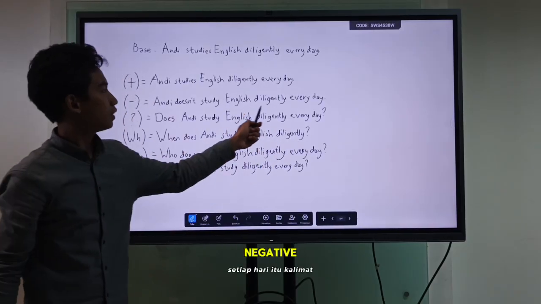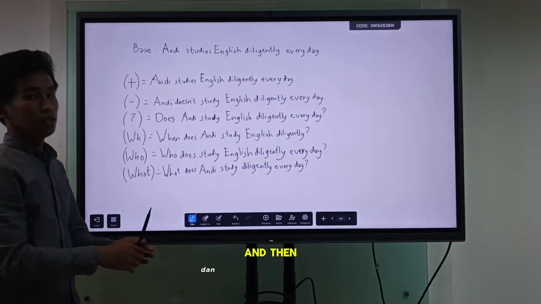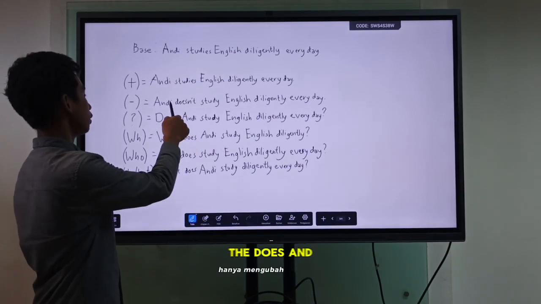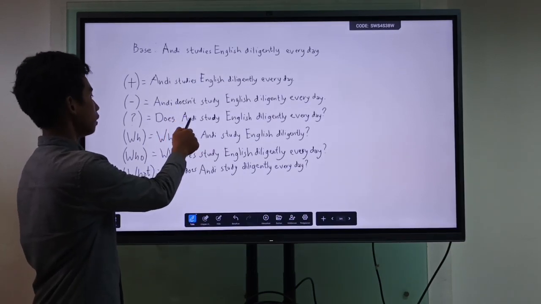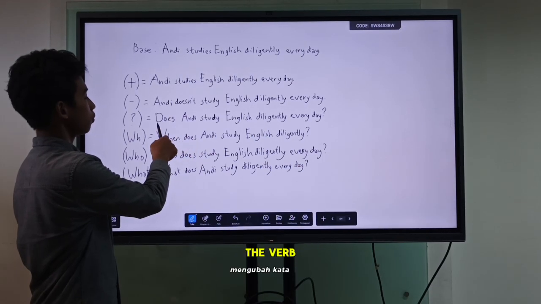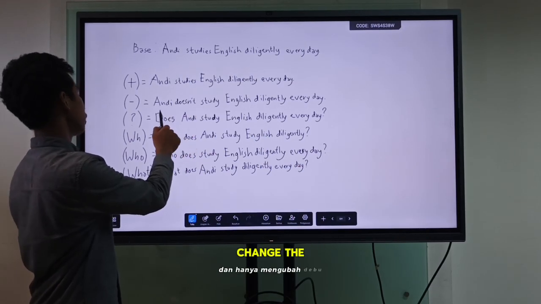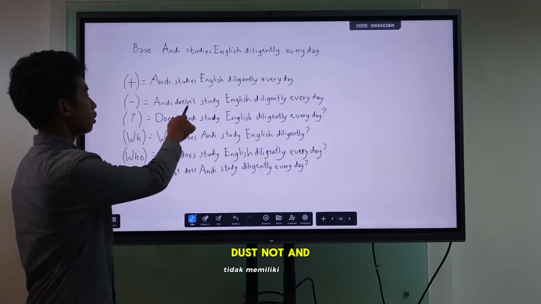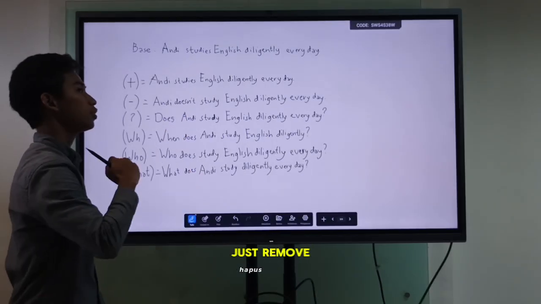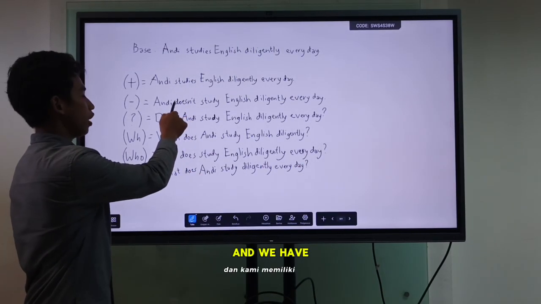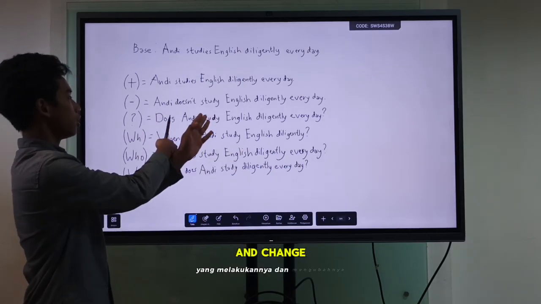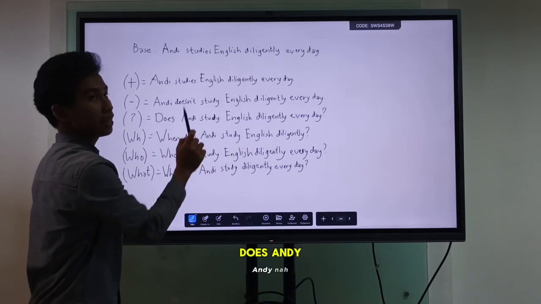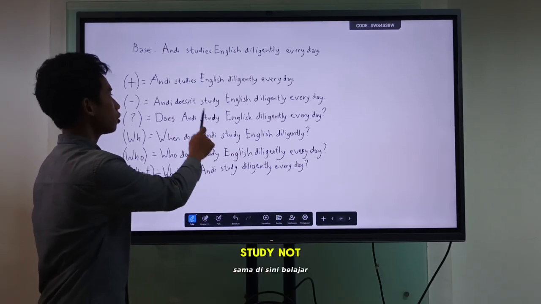That's the negative sentence. And then interrogative. Simple, just change the does and the subject. In negative we have does not, and in interrogative we just remove the not and put does in front, so: Does Andi, and same here, study, not studies.